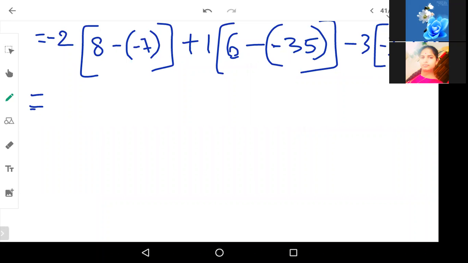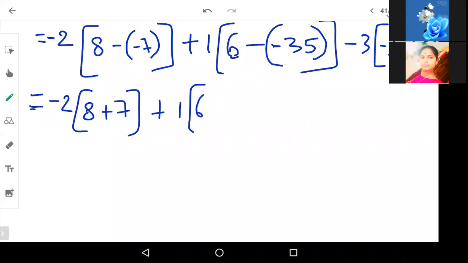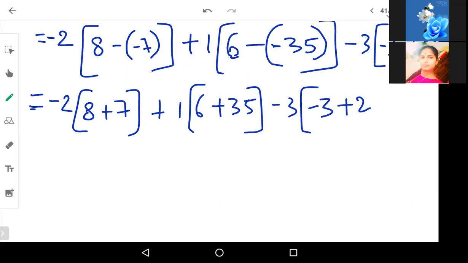Okay, be careful hereafter. So minus 2 into 8 minus of minus 7 is plus 7, plus 1 into 6 minus of minus 35 is plus 35. And then minus 3 into minus 3 minus of minus 20 is plus 20.